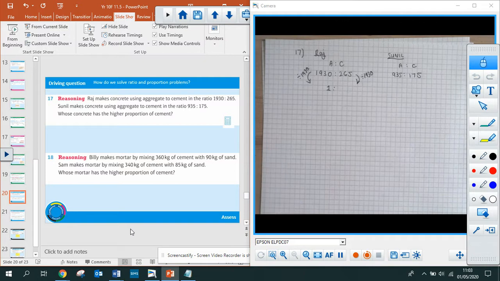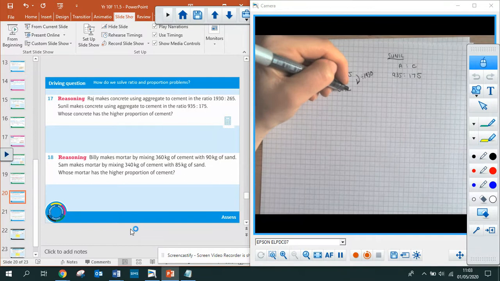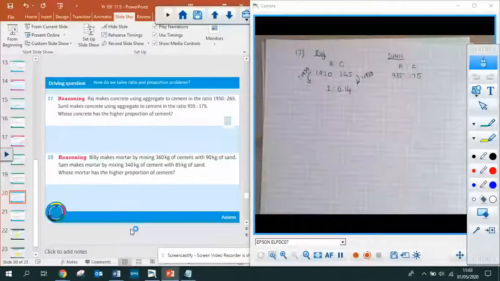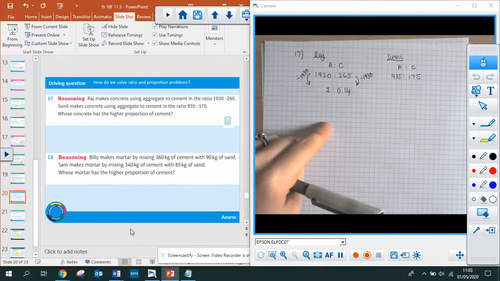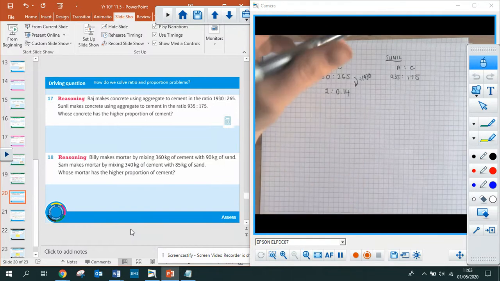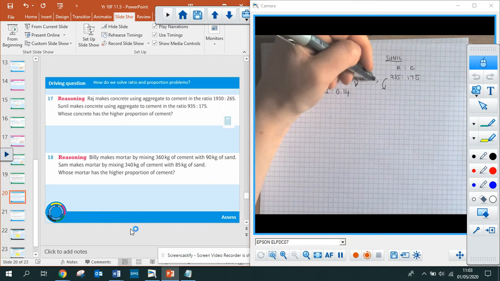So let's round that to 2 decimal places, 0.14, because the 7 will round the 3 up to 4. Okay? So that's Raj. Now Sunil, we're going to make the aggregate the part of the unit because it's the one we're not comparing. So divide by 935 on both sides.